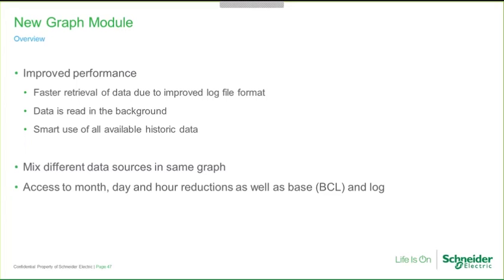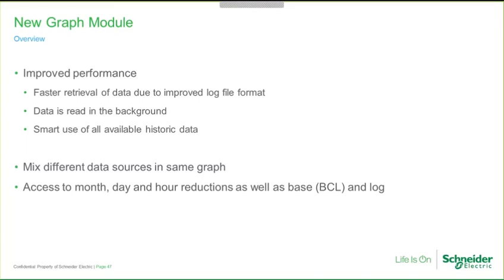We also make much smarter use of all the different kinds of historic data we have in IGSS. We have different kinds of reductions that can be very fast to read. If you have hourly reductions and put them into an SQL server, it can be very, very fast to retrieve hourly values for a month or a whole year, rather than going through binary log files.